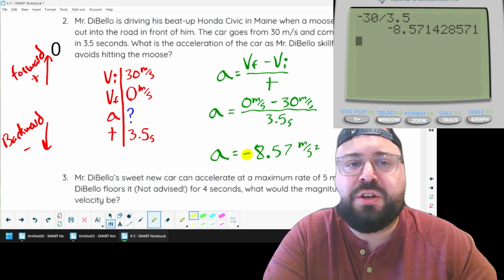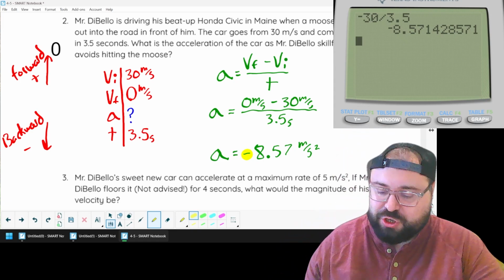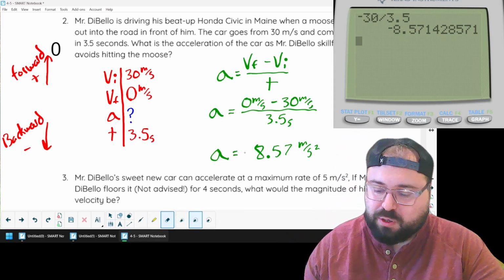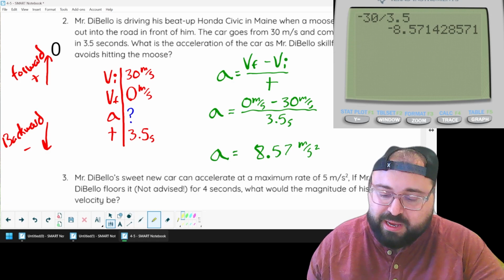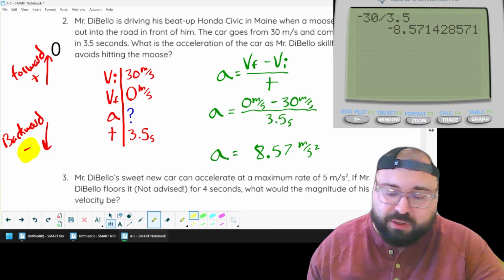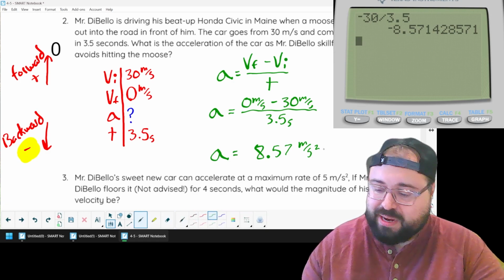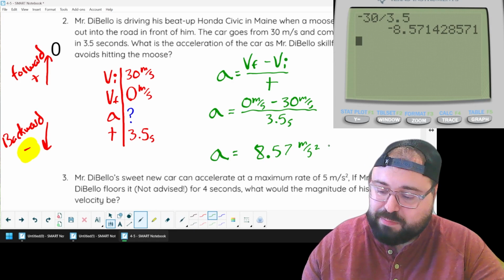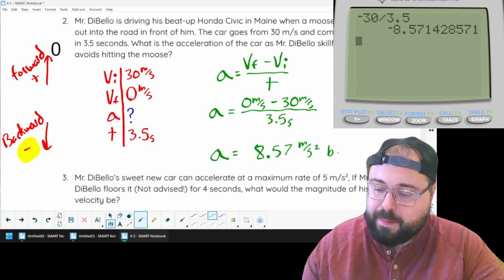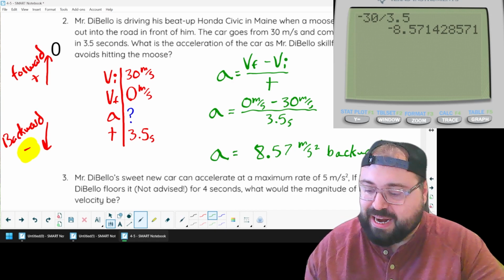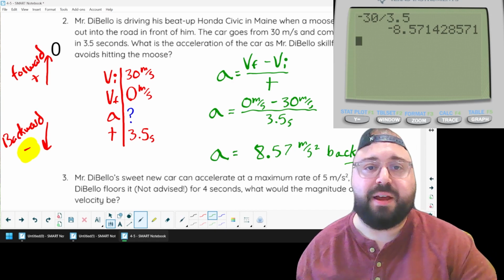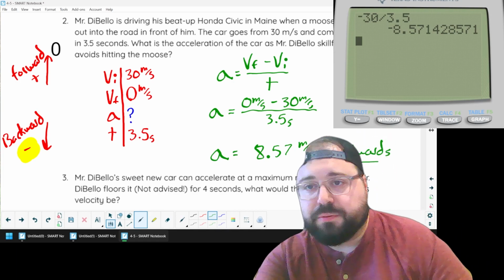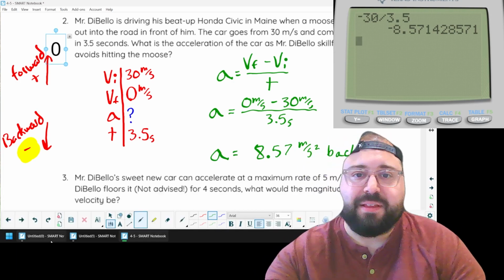So this means the direction of my acceleration was backwards, because we identified backwards as our negative direction. So this is going to be 8.57 meters per second squared backwards. So I'm going to get rid of the negative sign and add the real direction in there. Okay, so my head's kind of blocking this now. Not ideal.